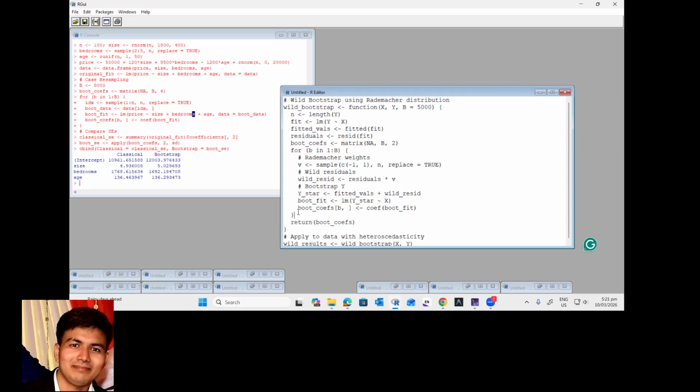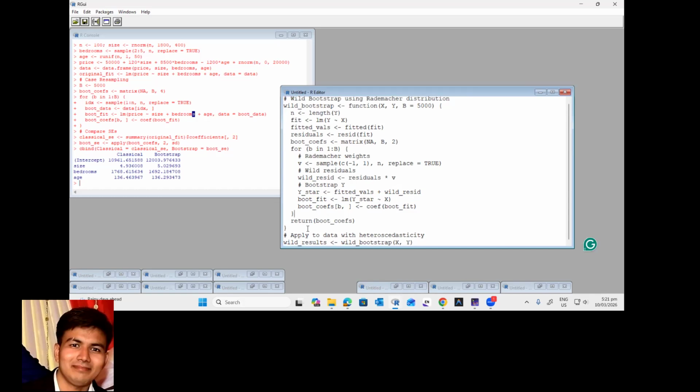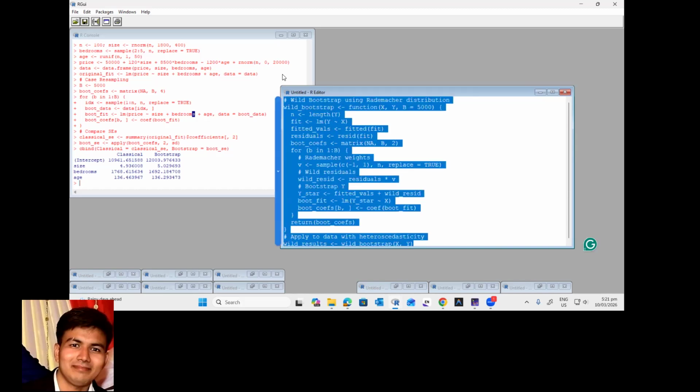We store the estimated coefficients, intercept and slope, from this bootstrap fit in the bth row of the boot coefficients. After that, we close the loop and call the results of the bootstrap method.